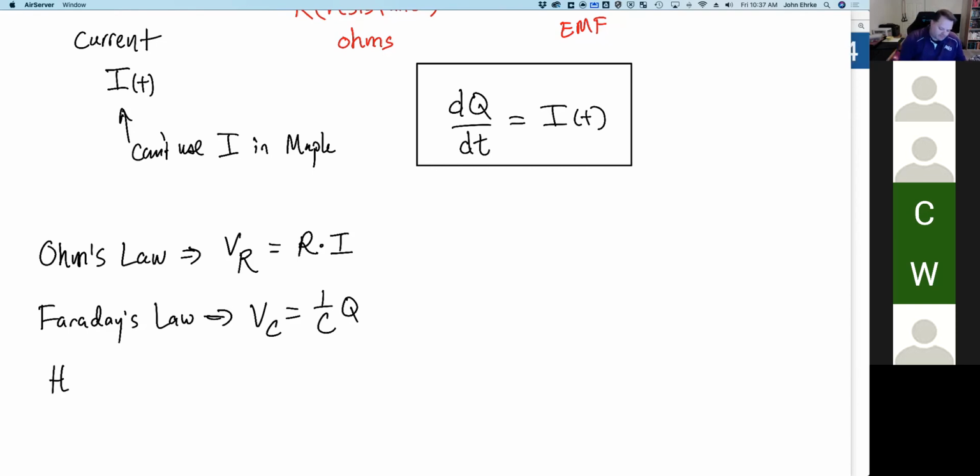Henry's law is the third of these voltage drop laws. Henry's law says that the voltage drop across a coil, or an inductor, is directly proportional to the rate of change of current. As your current is changing, faster current changes, which you can think about as accelerating charge, okay?